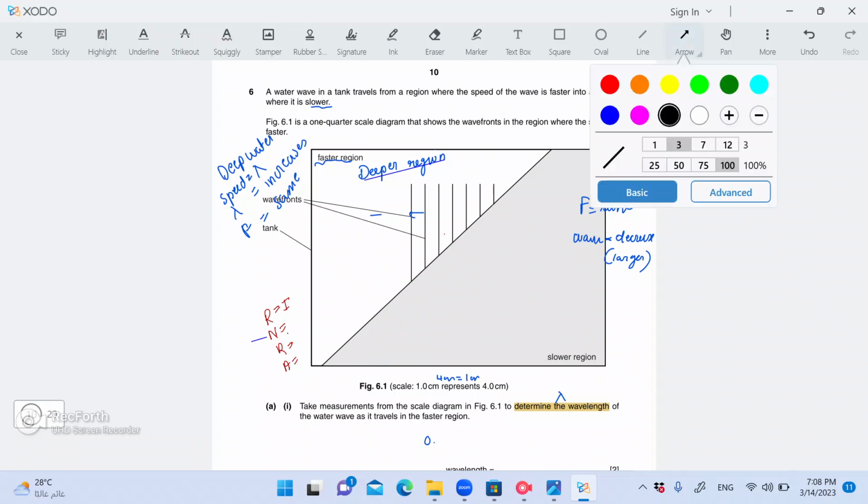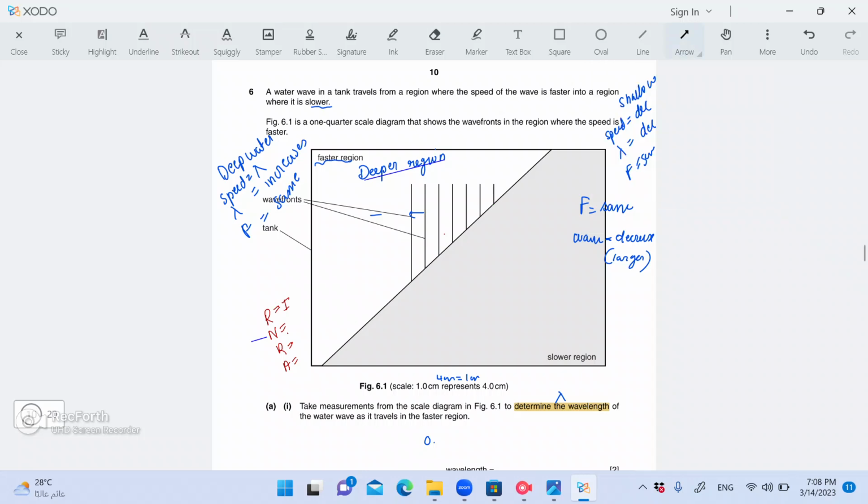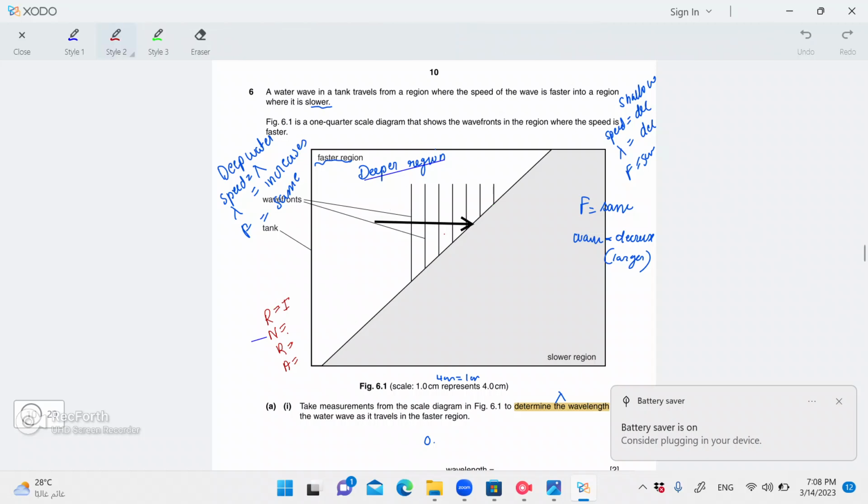So suppose the incident ray is coming like this. You will stretch it so that it touches the boundary. This is the incident ray. The first thing you will draw is the incident ray.